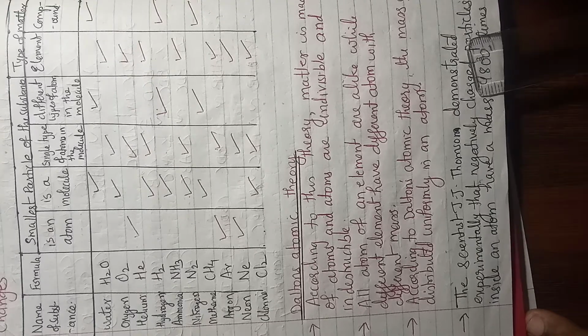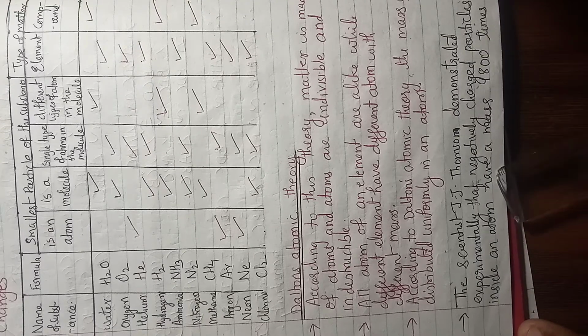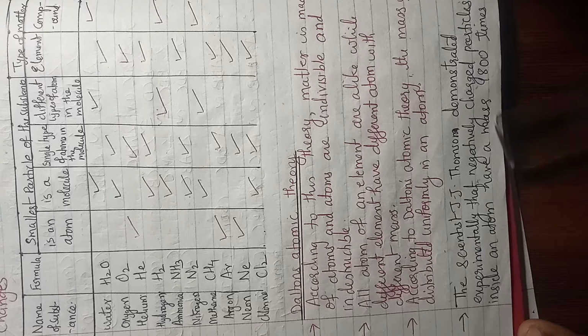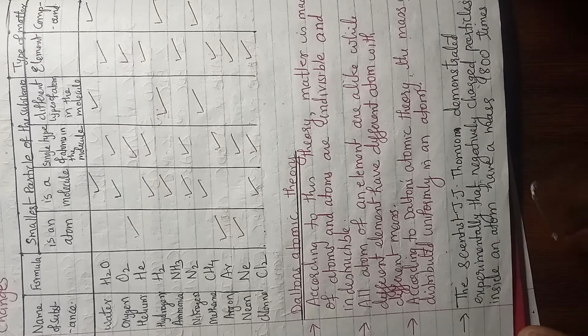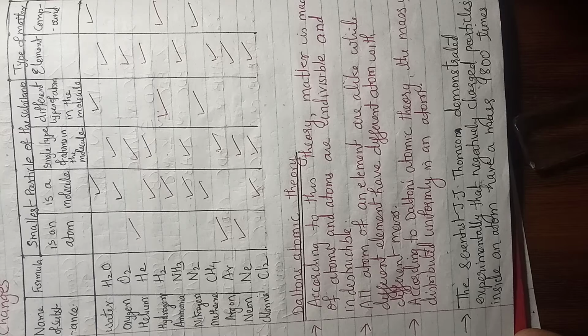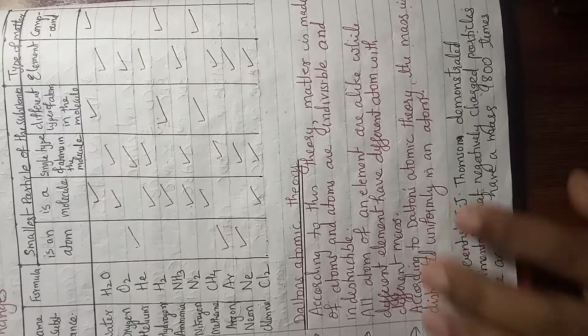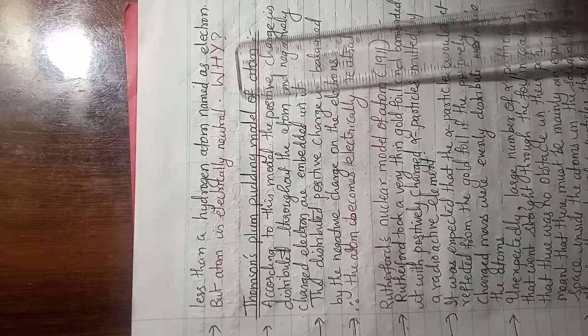Scientist J.J. Thomson demonstrated experimentally that the negatively charged particle inside an atom has a mass 1800 times less than that of a hydrogen atom.